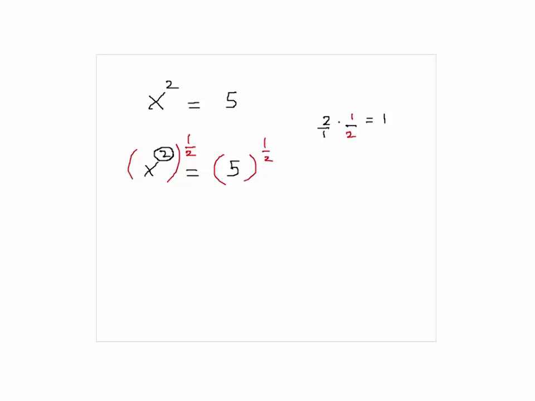So if you remember, if I have a to the power of 1/2, what is a to the power of 1/2 in terms of square root? How do I change it into square root?